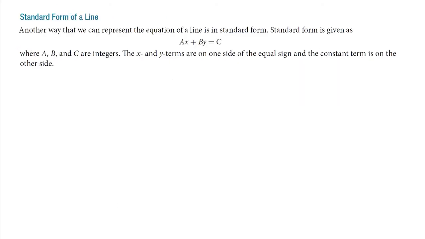There's another equation that is also representative of a line, and that is called the standard form of the line. It is ax plus by equals c. A, b, and c are integers, and the x and y terms are on one side of the equal sign, and there's a constant term on the other.